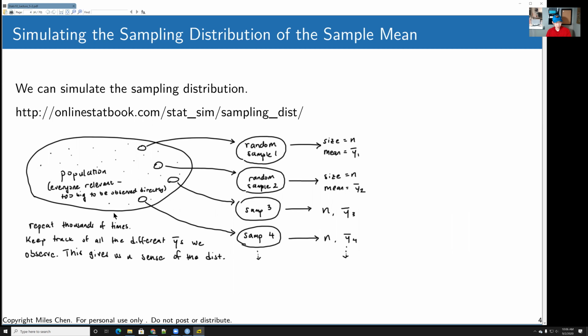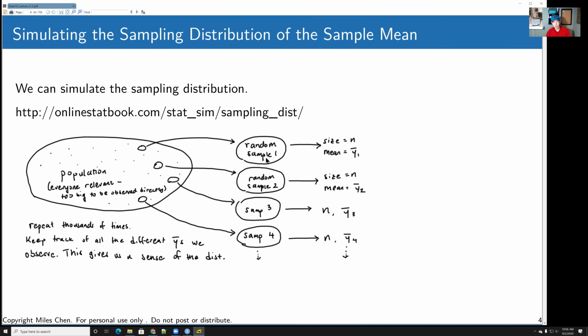The idea here is we have a big entity that we're going to call the population. The population, again, is everyone who's relevant to answering your research question. But the population is too big for us to observe directly. So we're going to select random samples from the population.